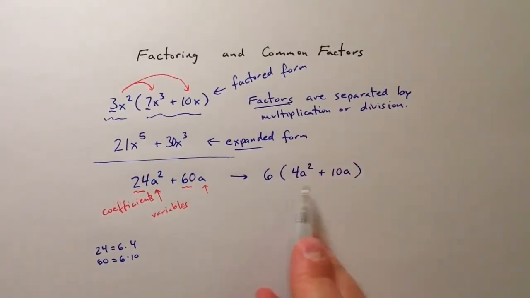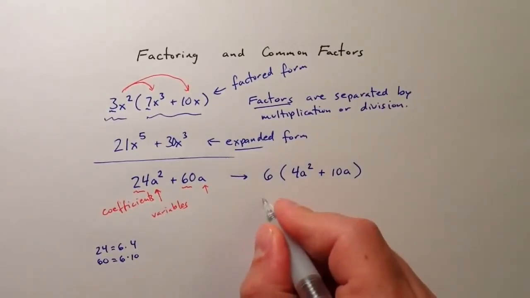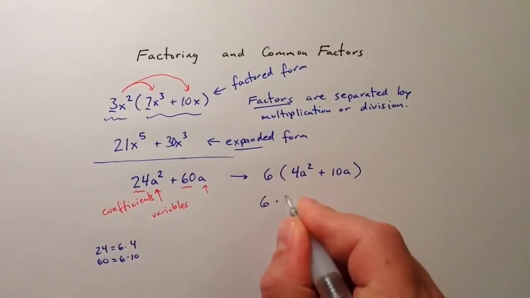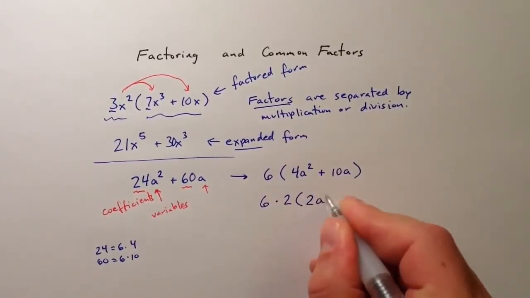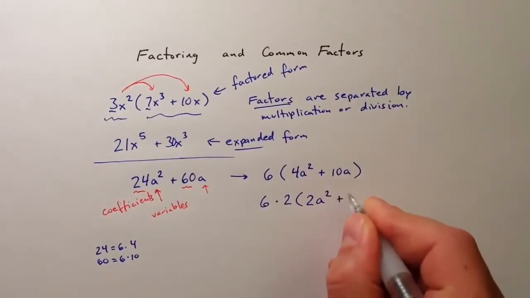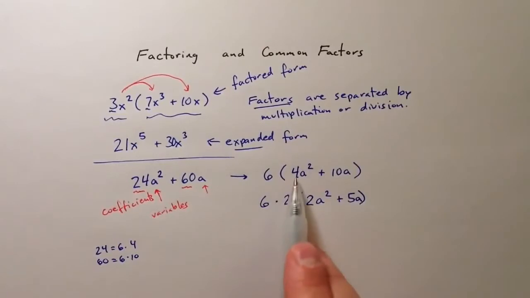But now, looking at the numbers that are left behind, those are both even, so there's another factor of 2 that divides into 4 and also into 10. So I could write this as 6 times 2, and then what's left behind is 2a squared plus 5 times a, since 4 is 2 times 2, and 10 is 5 times 2.